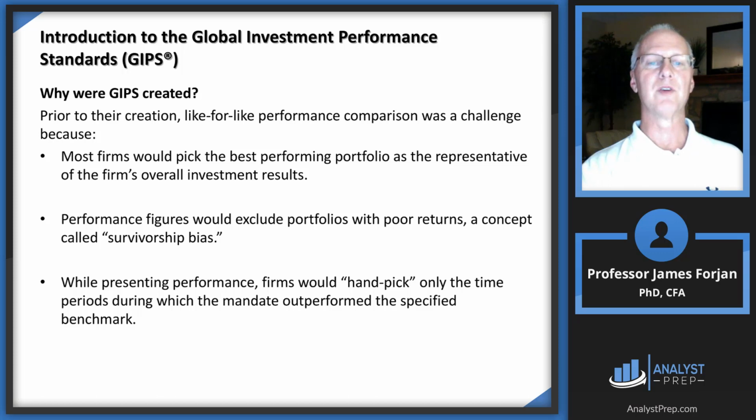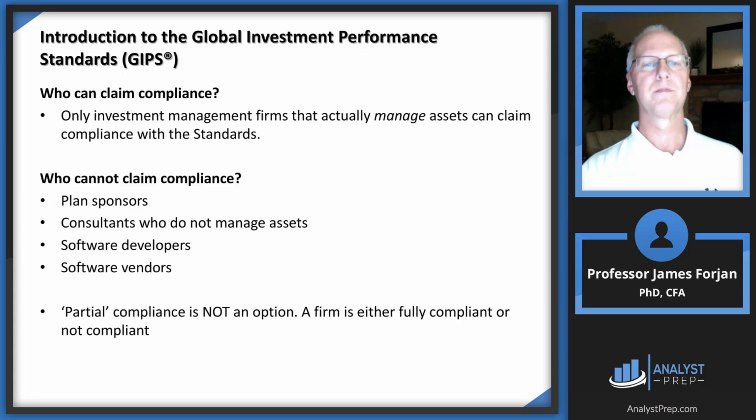This is called survivorship bias. It's also tempting for firms to handpick only those time periods that were marked by outperformance. And so the GIPS were created to provide a standardized set of acceptable performance standards.